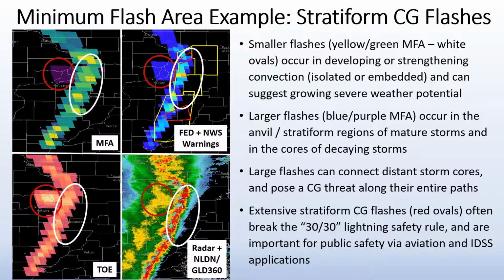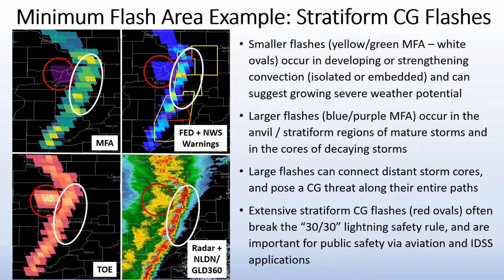So these extensive stratiform flashes, and this example is shown in the red oval, they often break the 30-30 old school lightning safety rule, along the lines of waiting 30 minutes after the last lightning flash, and they're well behind the convective line. So someone might say, oh, it's just a little rain, no big deal. And then you get these strong CG flashes occurring in the stratiform region.